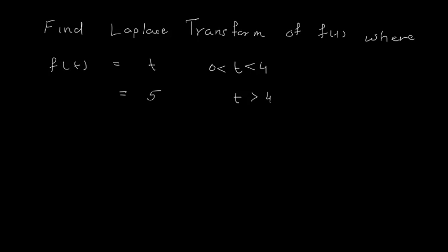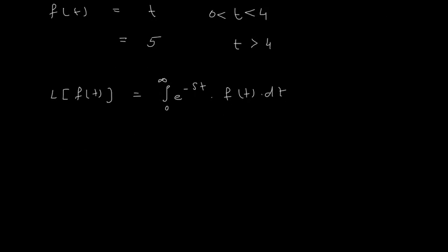Now Laplace of f of t, if we see its definition, is 0 to infinity e raised to minus st into f of t dt. Now the function f of t is defined differently for different intervals: when t is between 0 to 4 it is defined as t, and when it is more than 4 it is defined as 5.